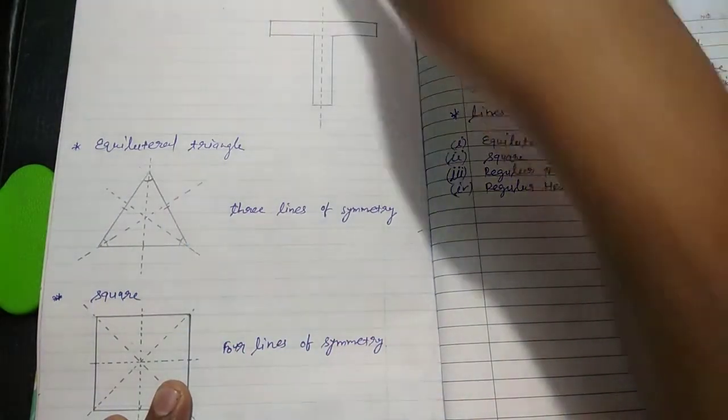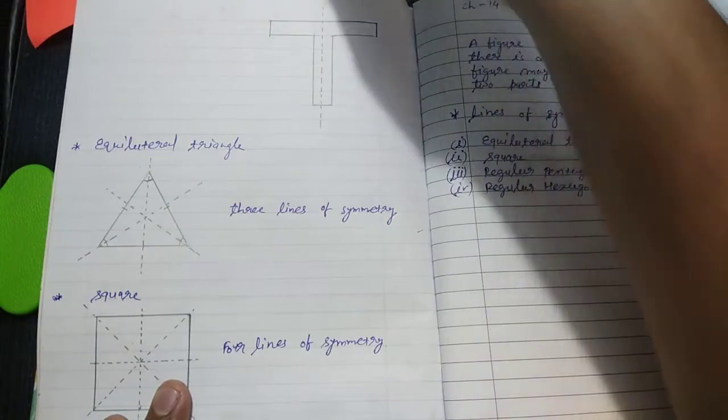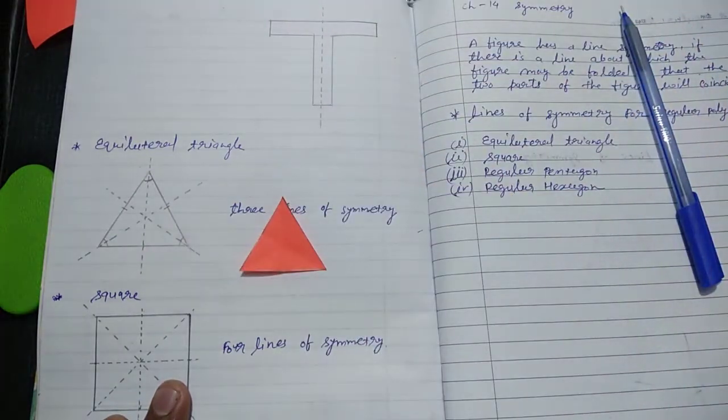We will see these lines of symmetry using this equilateral triangle.